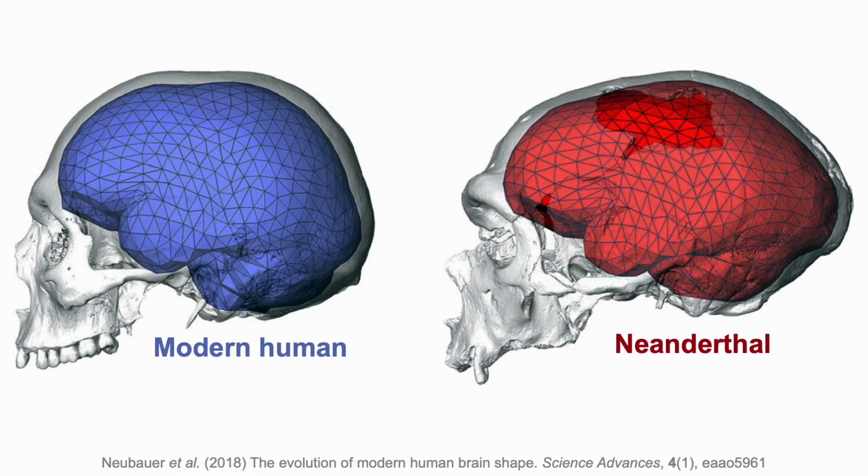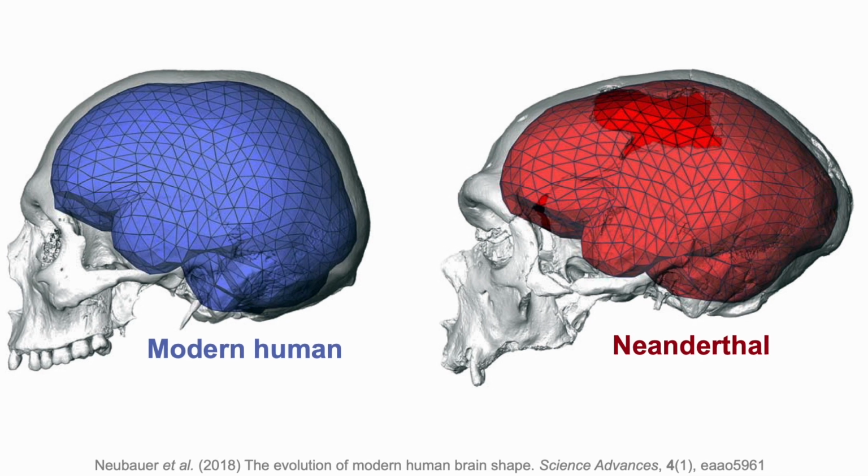Now, it's important to note that there's a similar volume in terms of brain size estimated between Neanderthals and anatomically modern humans. In fact, some estimates suggest that Neanderthals may even have had a slightly larger brain than modern humans.